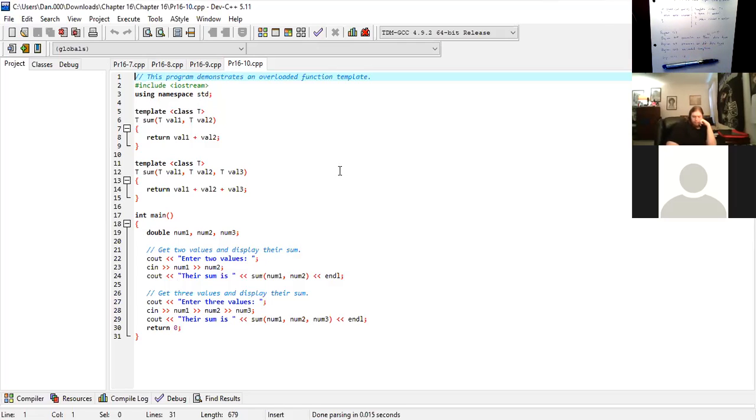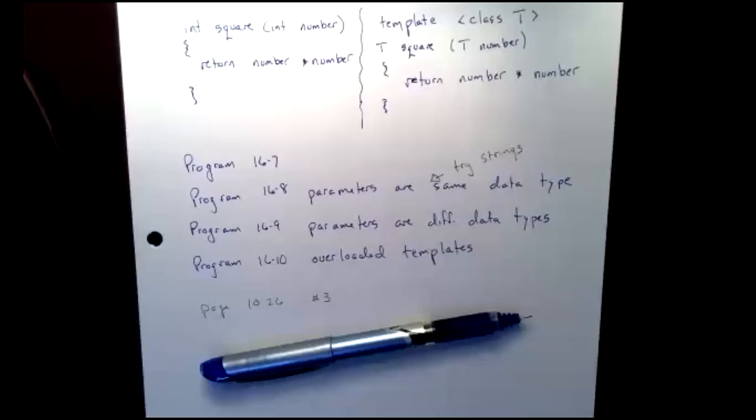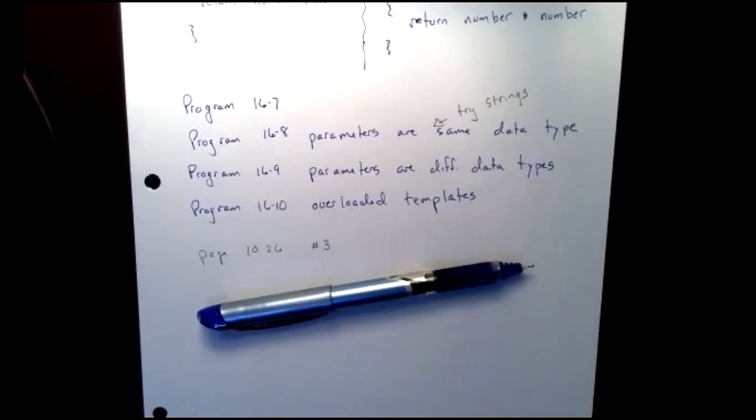All right, I'm going to throw you back into your groups because you seem to be excited about that. You're going to take a look at page 1026, number 3. I want you to write templates for max and min. The min should accept 2 arguments and find out which is the lesser, and the max should accept 2 arguments and find out which is the greater.